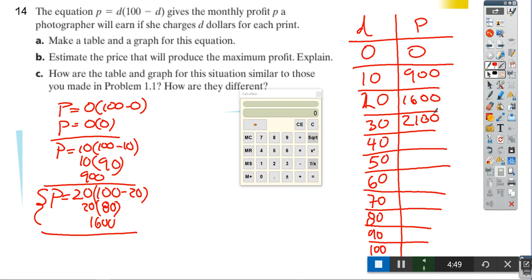With 40, I'll get 40 times 60, which is 2,400. I will get 50 times 50. And now the numbers are going to repeat.